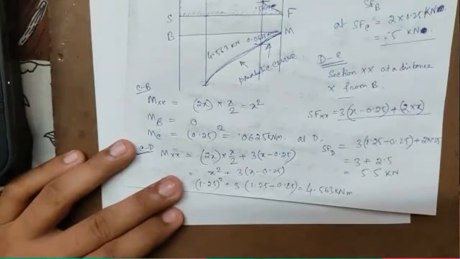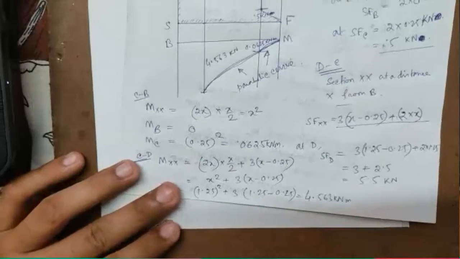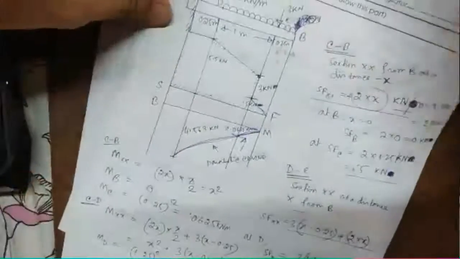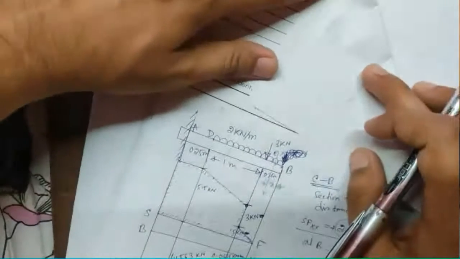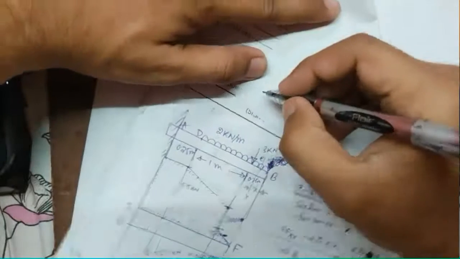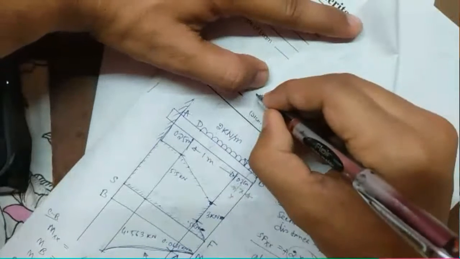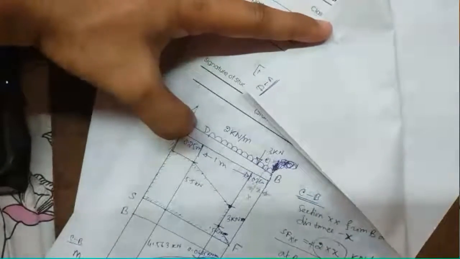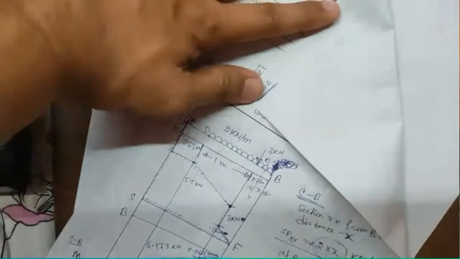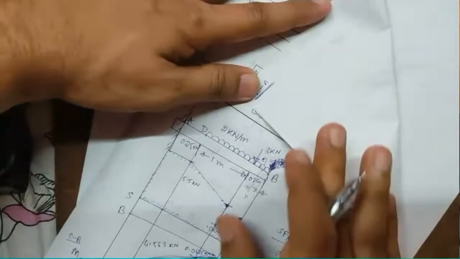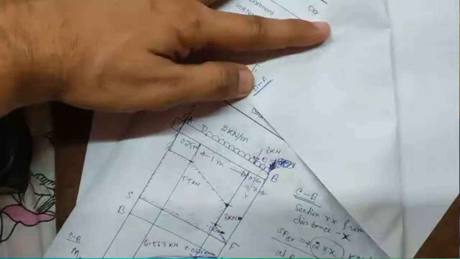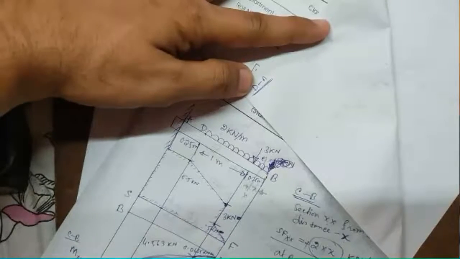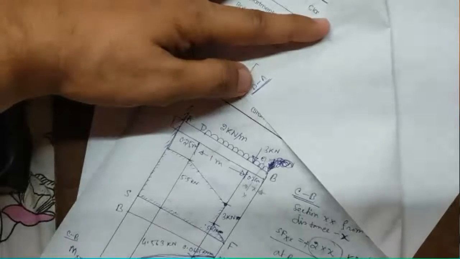Similarly, if we take a section between A to D, let us write here. So we will take a section between D to A. Okay, if we take a section between D to A, there is no separate load. So these loads are not further varying in a parabolic curve.